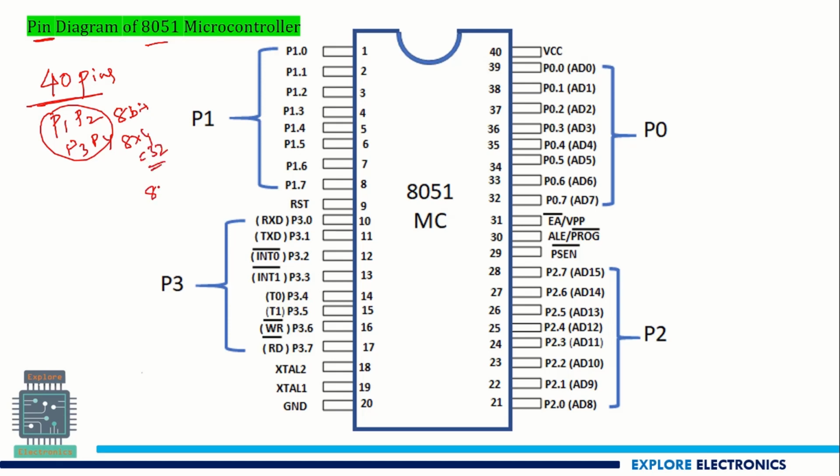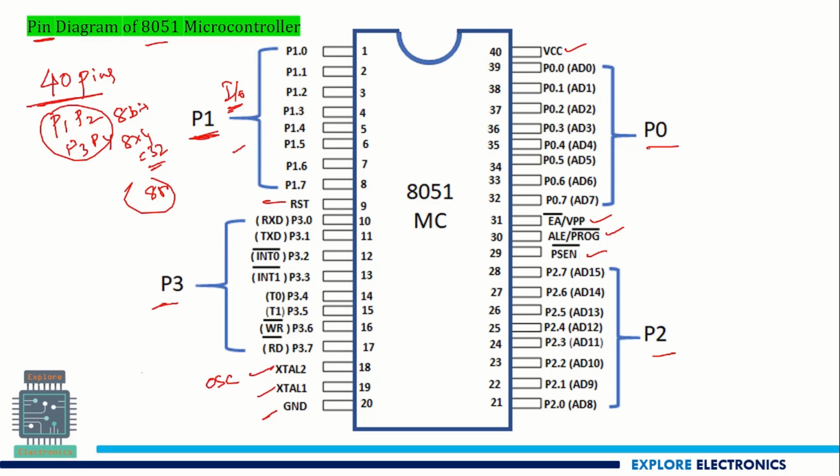The other 8 pins are, as you can see, VCC, VPP, ALE, address latch enable, PSEN, 2 pins for the oscillator, ground, and the reset pin. Apart from that, P1 can be used as IOs, and in expanded mode it is used for special purposes.